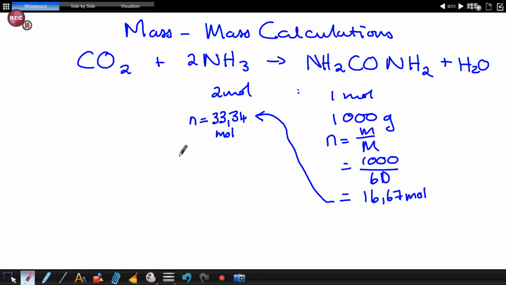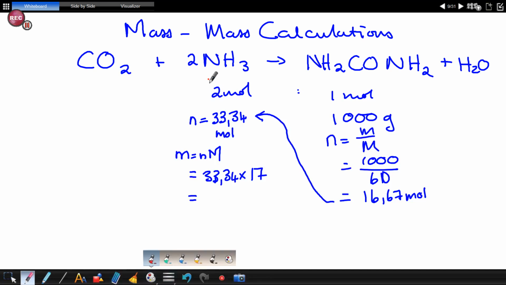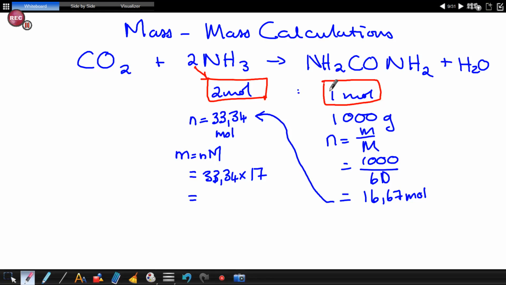And from there, we can get the mass: 2 times 17. The 2 you already used. When you use the ratio, you've used the 2. You already multiplied by 2. So it's times 17, 566.78.